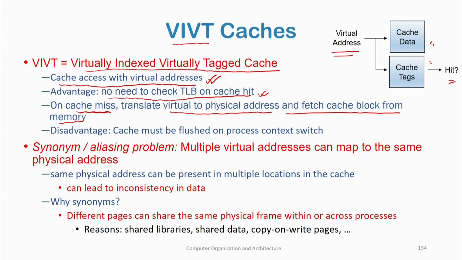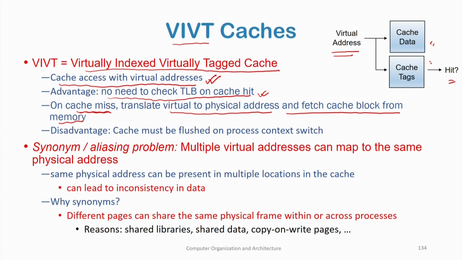So, I have to go to physical memory and bring back the data to the cache. How do I do that? For that I need to know the physical address of this data. The only way is to go to the TLB, get the page table entry, get the physical address, and then go to memory, bring back the data and put it into the appropriate entry in the cache, such that the virtual address next time can access the data that I need.